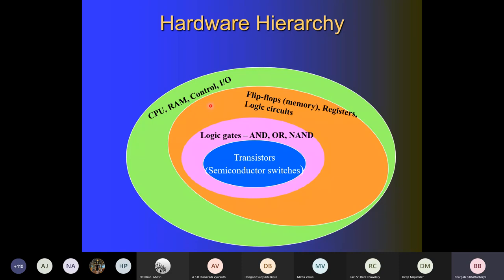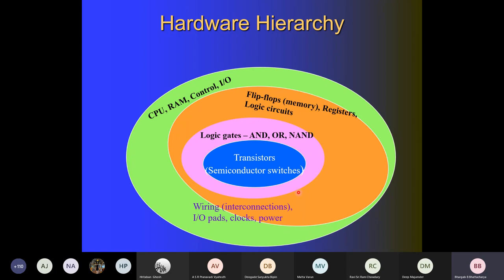From the hierarchical point of view, as you can see, you have the transistors at the very lowest level, and then you have the logic gates, flip-flops, registers, and so on. After that, you can design the CPU, control and I/O, random access memory, and so on. Obviously, we need interconnections. You need to interconnect everything.